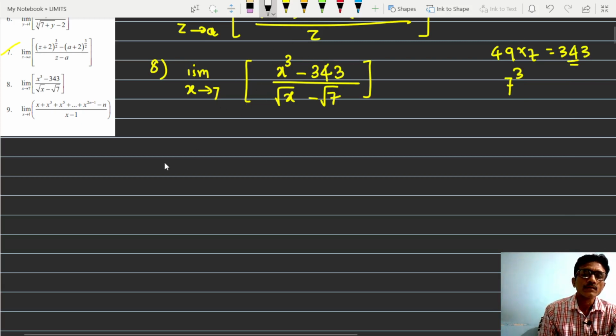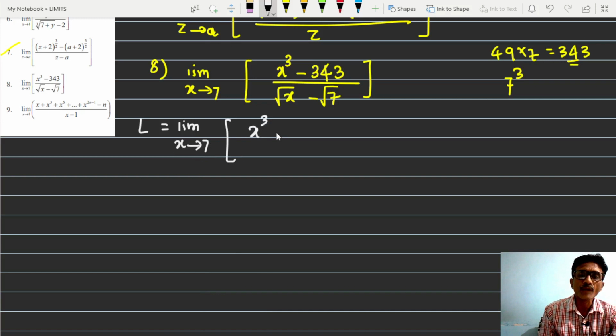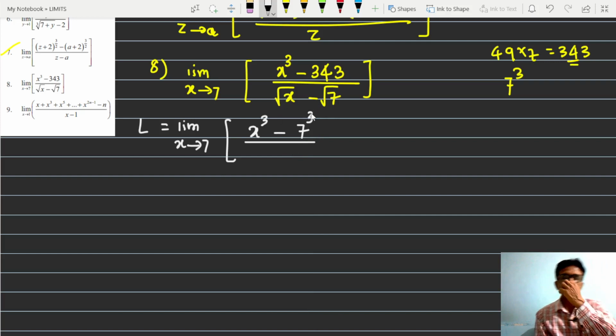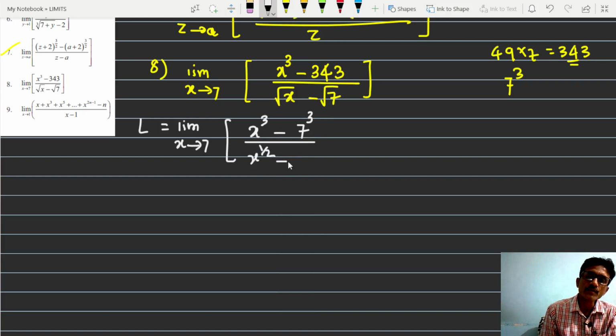Then write down solution. L is equal to limit x tends to 7 of x cube minus 7 raised to power 3 upon x raised to power 1 by 2 minus 7 raised to power 1 by 2.